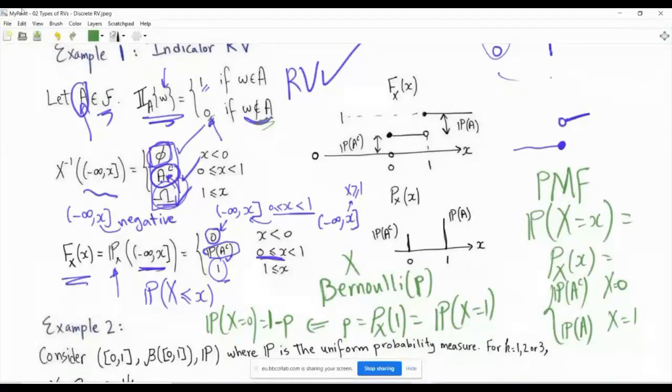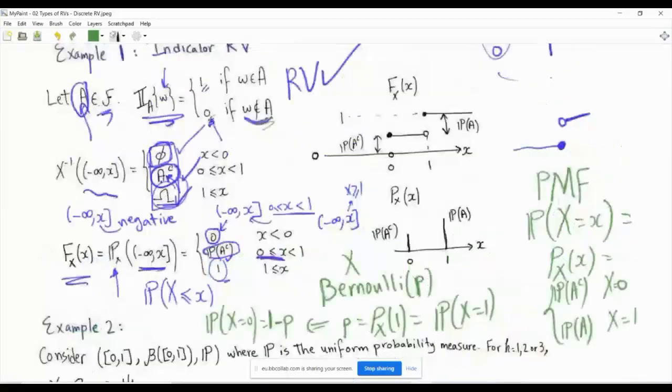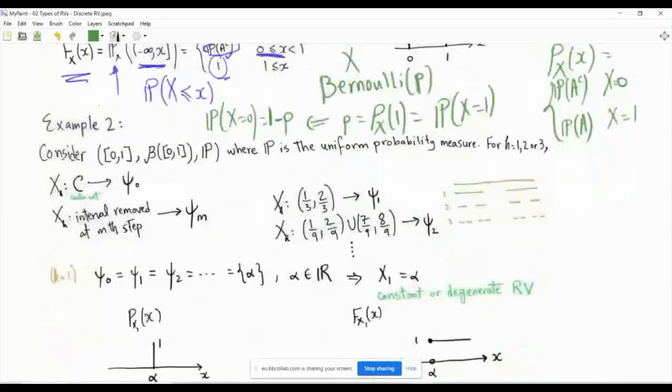Useful, but in some cases, like when we talk about convergence of random variables and more advanced stuff, sometimes you really need to go back to big omega and its sigma algebra. Okay, so this is an example of a discrete random variable. I must be specific now. Let's take another example.